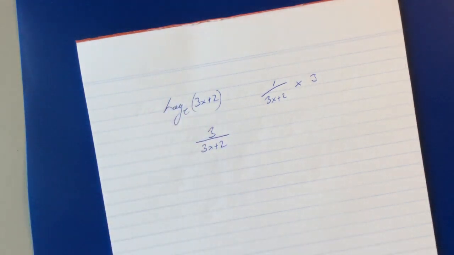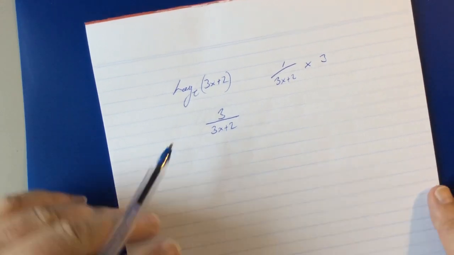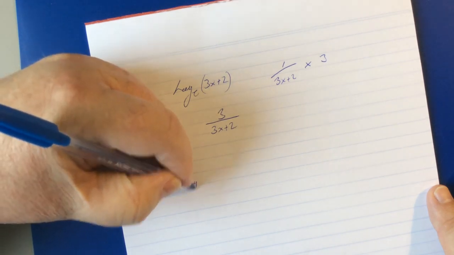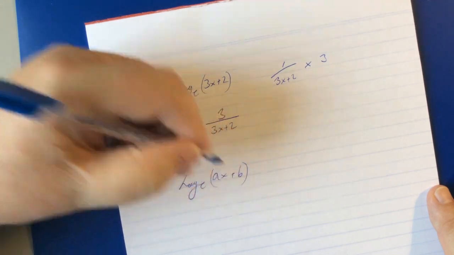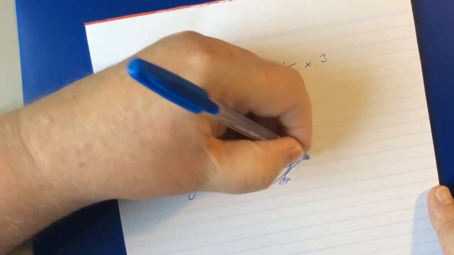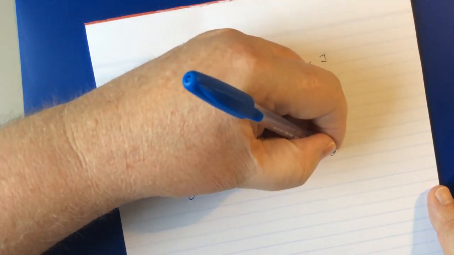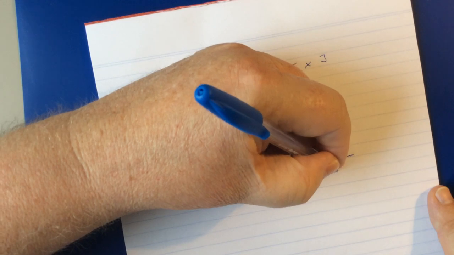Now, where can we go from here? There are a couple of rules and guides that we can generate from this, which saves the bother of the chain rule. So we can write a general rule, something like this. There's our function of x, and dy dx is going to equal a, the differential of this, over ax plus b.